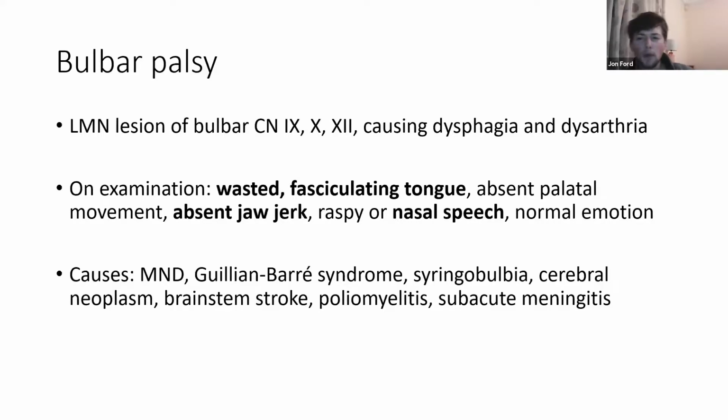And I've written about emotion because pseudobulbar palsy is sometimes associated with a change in emotion. Causes for this are motor neuron disease, Guillain-Barre syndrome, syringobulbia, which is a bit like syringomyelia but higher up, and cerebral cancers, brainstem stroke, etc.